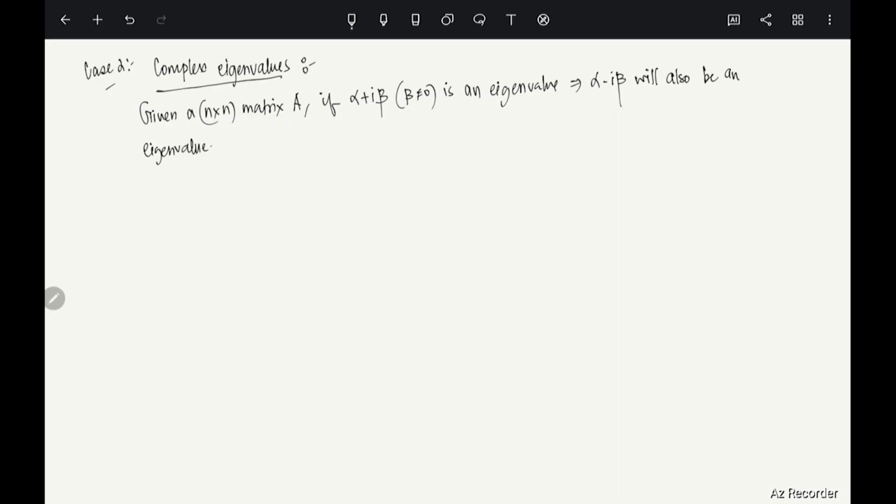So the conjugate will be there. This part we already know.